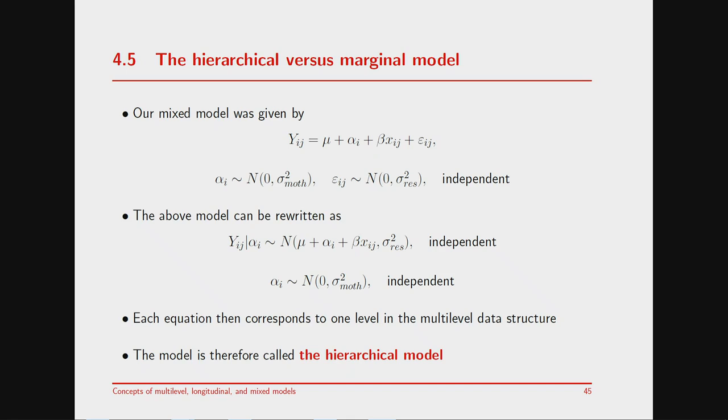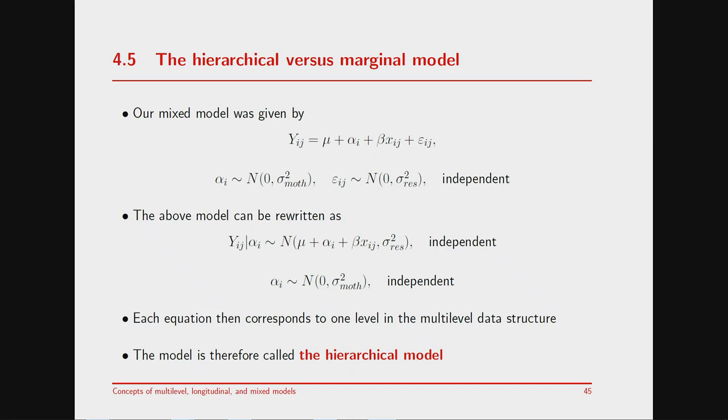Conditional on alpha means pick one of the mothers. The data that you then have are the data belonging to that specific mother. That's the first model here, the normality assumption conditional on that particular mother, represented as the variability between the children all belonging to the same mother.